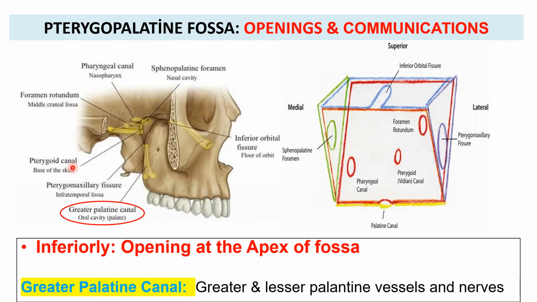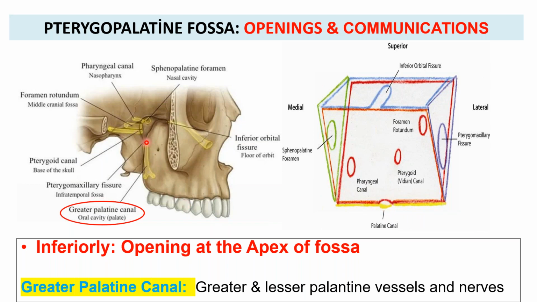Now let's see what is there inferiorly. Inferiorly at the apex of the pterygopalatine fossa, there is the opening of the greater palatine canal. This is the greater palatine canal, which then further divides into anterior and posterior divisions. Through this greater palatine canal pass the greater and lesser palatine vessels and nerves. So this is the palatine canal which is at the apex of the pterygopalatine fossa.